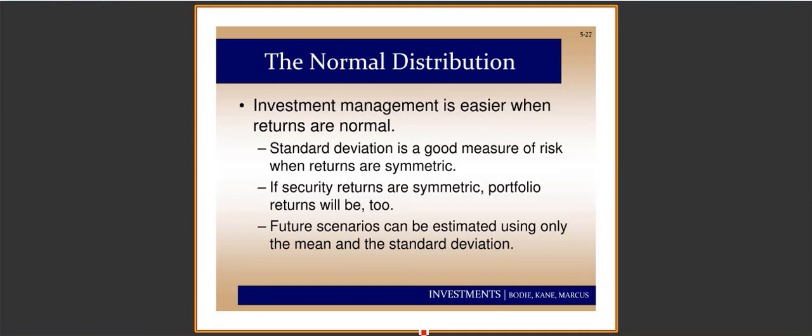And I'll remind you of what that is on the next slide here. A bell-shaped curve. But if our returns are normally distributed and follow a normal distribution, then standard deviation is a pretty good measure of risk. Okay? And we like that because there's some great properties of a normal distribution.